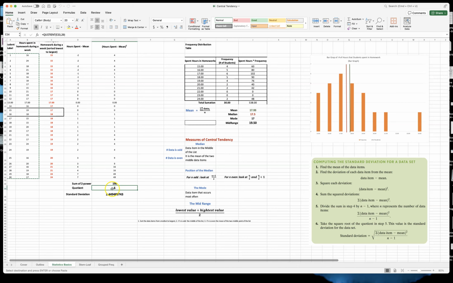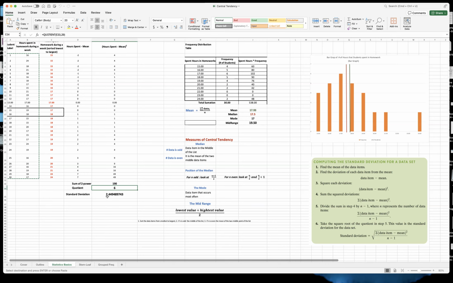And that is going to give me 6. And then we take the square root of that ratio. Okay, and this is what is called the standard deviation, around 2.45.